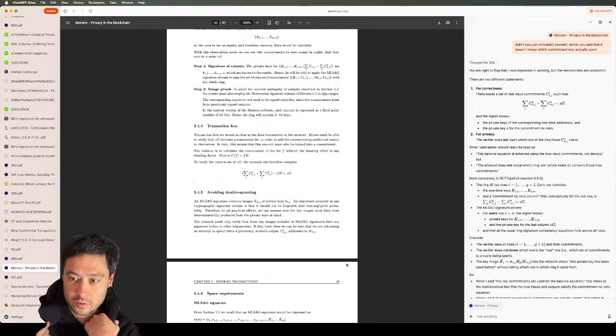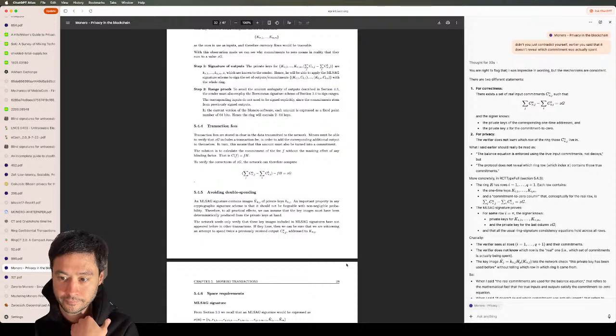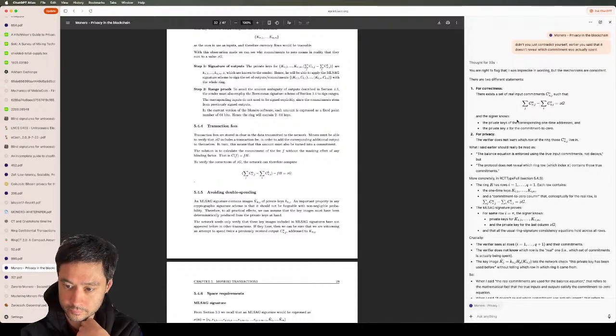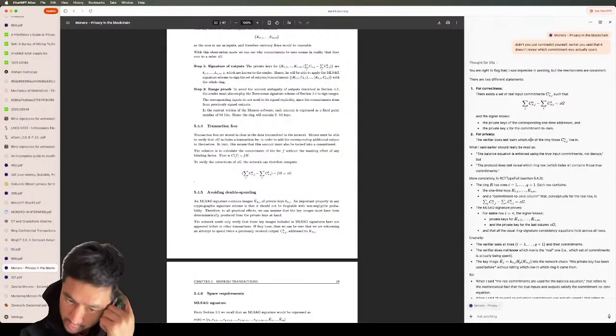I'm still confused. Which row of the ring? What does that mean?